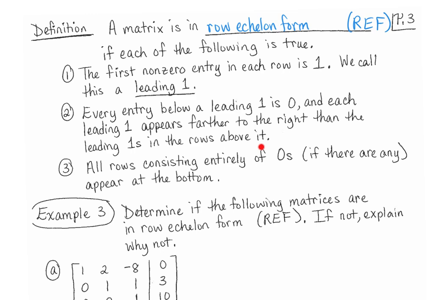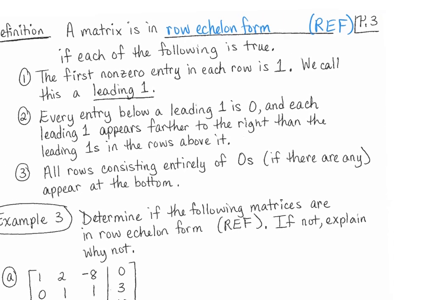No. Do you need to visualize it? Yeah? Okay. Let me say this last one and then I'll put something to visualize it. All rows consisting of entirely zeros, if there are any, appear at the bottom. So let's talk about this. I'm going to give you a visual for it.